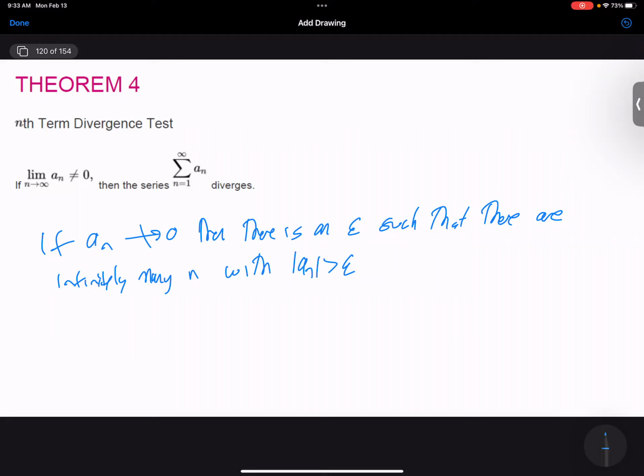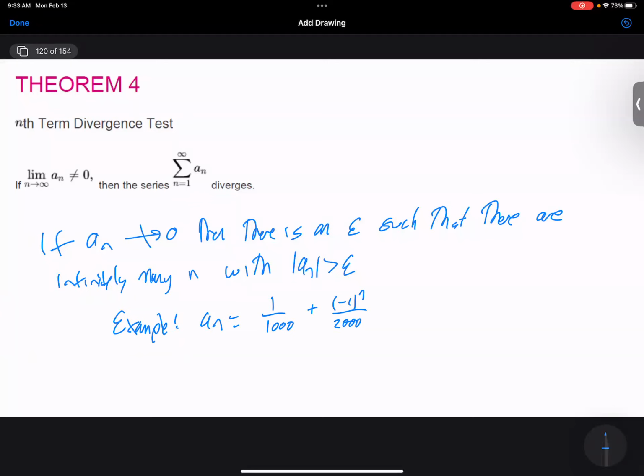It doesn't mean that it holds for every epsilon you give me. For example, maybe I take a_n to be 1 over 1,000 plus (-1)^n over 2,000. So this is fluctuating at roughly around 1 over 1,000. The terms are not going to 0.